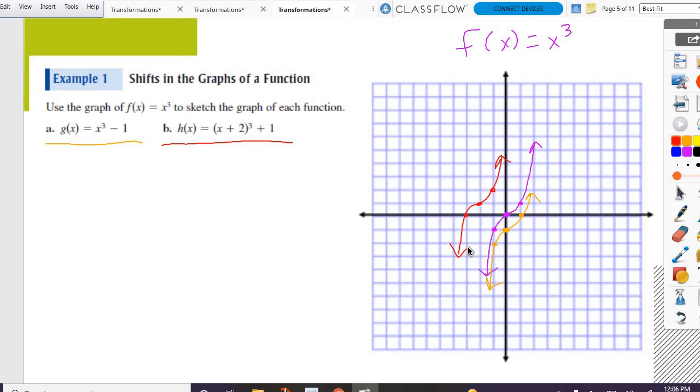Yes? Now, what if they didn't tell me that my parent function was x cubed? How would I be able to know that that's the graph that I should start with just by looking at the equation? Because there's a cubed on the outside, right? Do I have any other types of main functions that we can see from there?